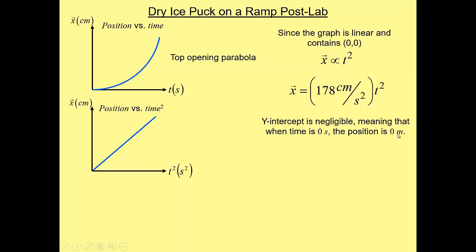That should be centimeters, not meters. Sorry, I switched it everywhere else but there. So that should be centimeters. So at 0 seconds, the position is 0 centimeters. Close as we could in this lab, we tried to have that nice 0, 0 point. And of course, you don't have to add 0, so there's our math model. Or hopefully you have something fairly close to that.